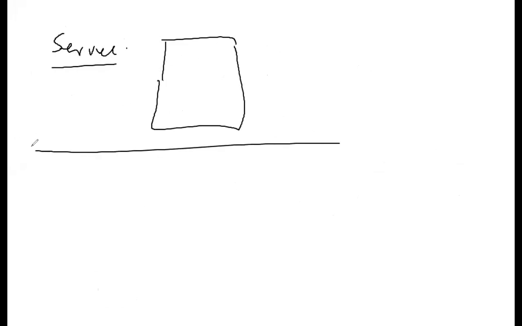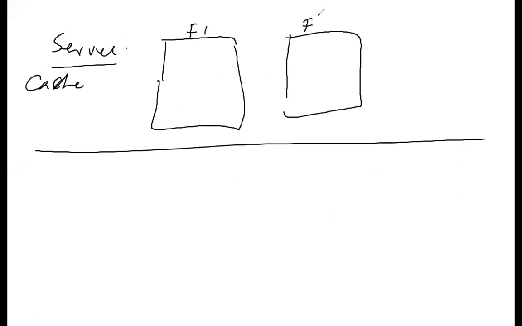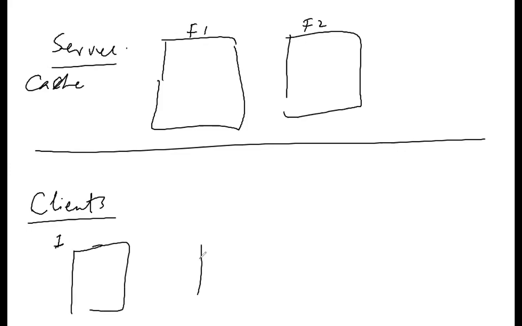This is the server, and here is the server cache. This is F1, this is F2, and here are the clients, client 1, client 2, and client 3, C1, C2, and C3.